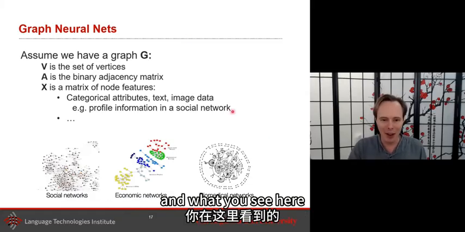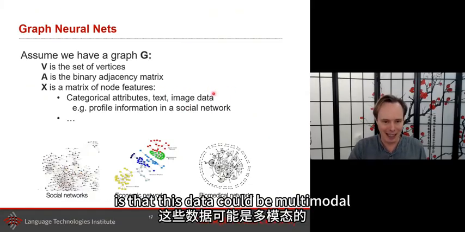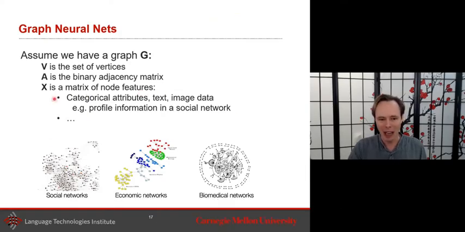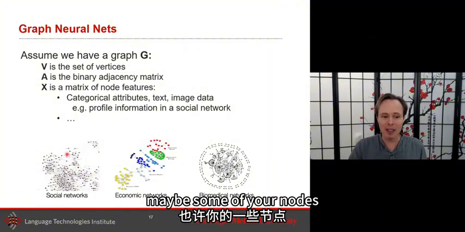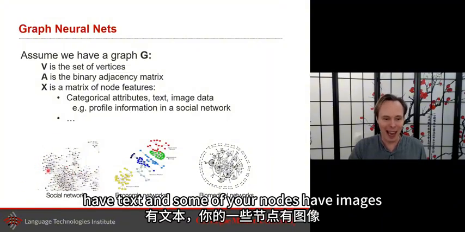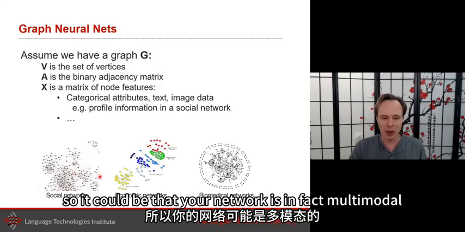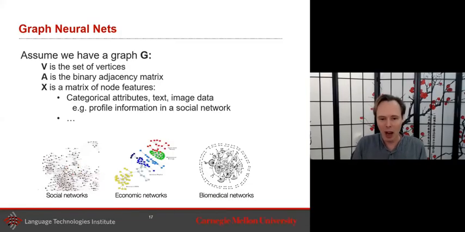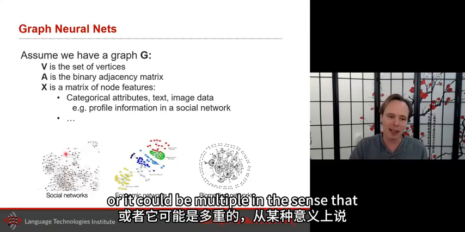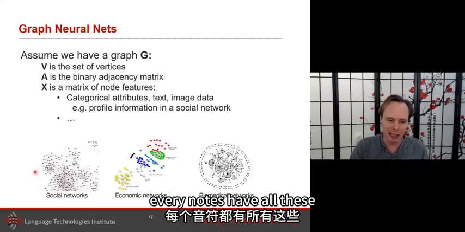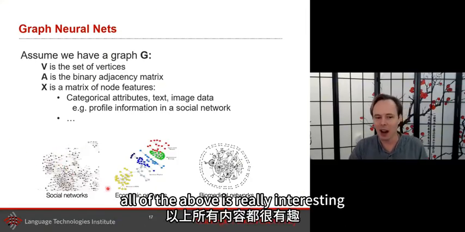What is very interesting is that this data could be multimodal. In fact, there is some very interesting work where some of your nodes have text and some of your nodes have images. So your network could be multimodal in the sense that every node has all these different types of information. All of the above is really interesting.